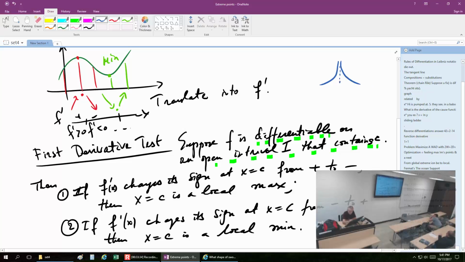This is the gap in the domain, and look at what's happening to the derivative. Positive, negative, right? It changes the sign from positive to negative, and yet this is not a maximum. You see it? There is no point there. So that function does not have a maximum to begin with.